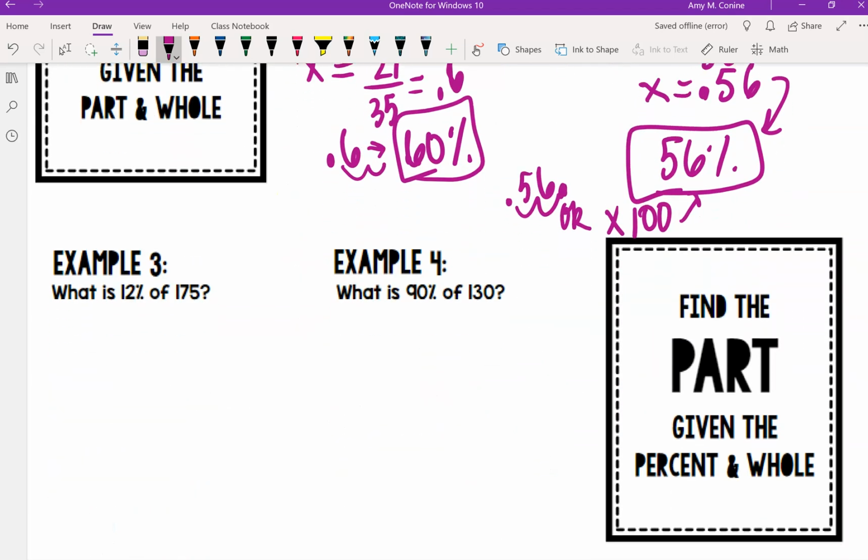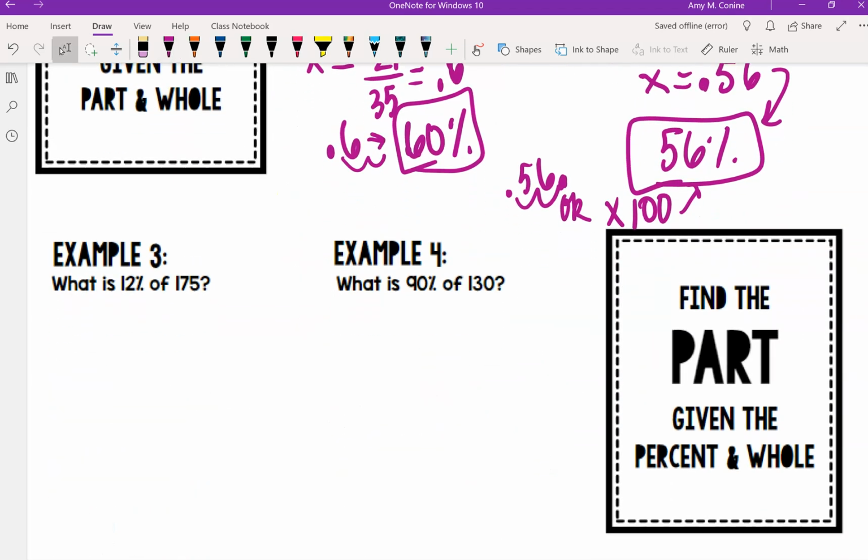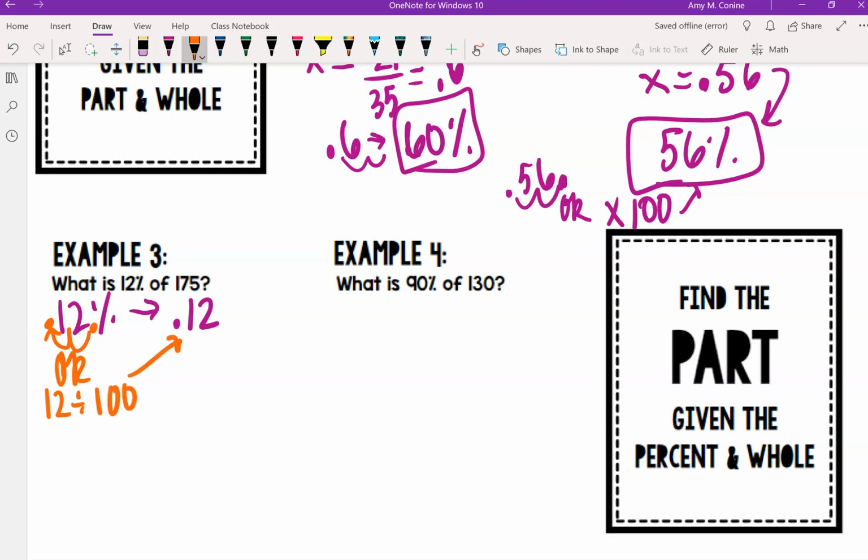So examples 3 and 4, find part given the percent and the whole. So what is 12% of 175 and what is 90% of 130? The first thing, you have to convert 12% to a decimal. You're going to do the opposite of what we just talked about. The decimal is right behind the 2, so you're going to move it 2 spaces to the left. Or you can take 12 and divide by 100 and you get the same number.